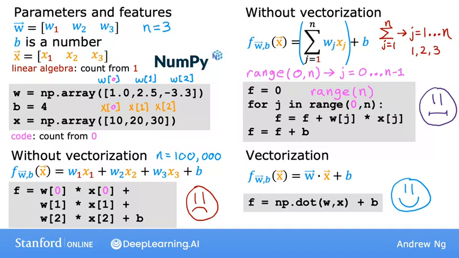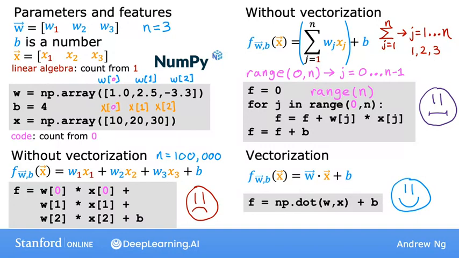And this is true whether you're running this on a normal computer, that is on a normal computer CPU, or if you are using a GPU, a graphics processor unit that's often used to accelerate machine learning jobs. And the ability of the NumPy dot function to use parallel hardware makes it much more efficient than the for loop or the sequential calculation that we saw previously.